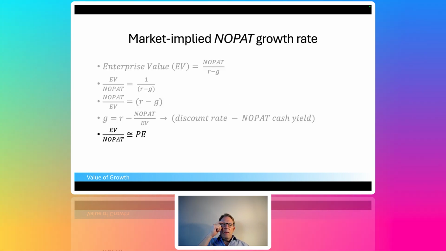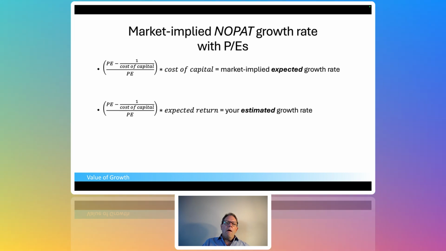All right, now that EV to NOPAT is kind of a PE. No, it's not a perfect PE, but it's a multiple of a type, and we can use that insight to translate this work into PEs, at least a rough approximate. All right, so here's two what I think are incredibly cool equations.